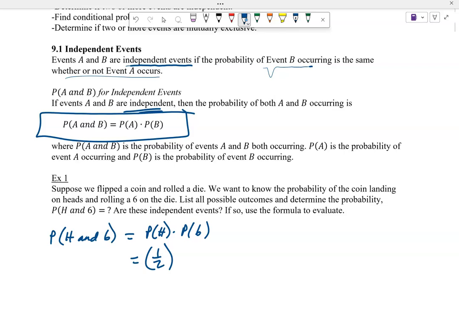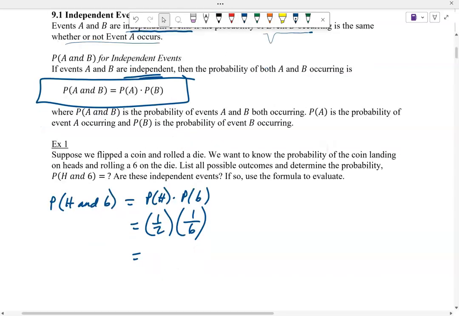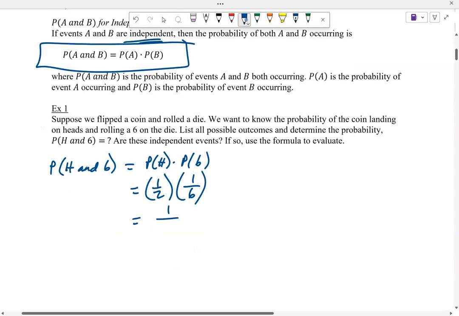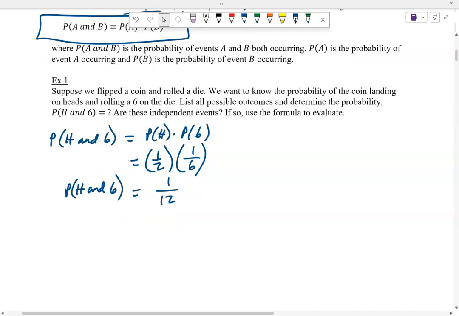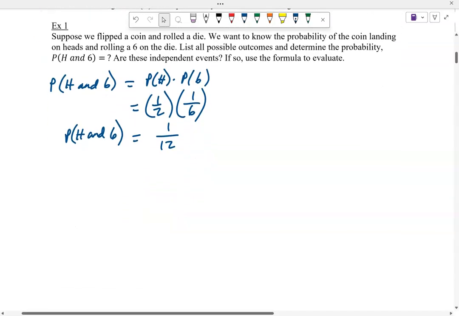Probability of taking a die and getting a 6 is there's one number 6 out of 6 possible outcomes. So then I just multiply the numerators. 1 times 1, 2 times 6. So the probability of flipping a coin, getting heads, and rolling a die and getting a 6, I have a 1 in 12 probability of that happening.